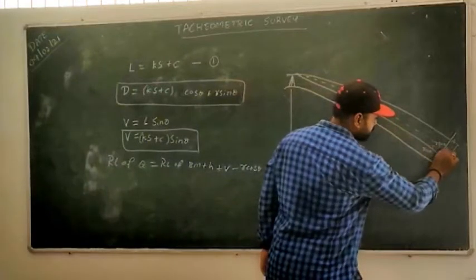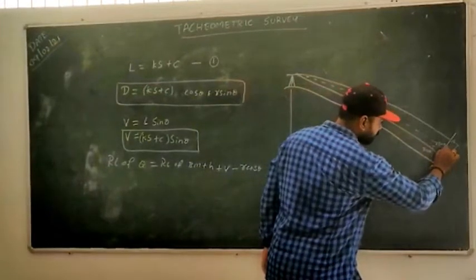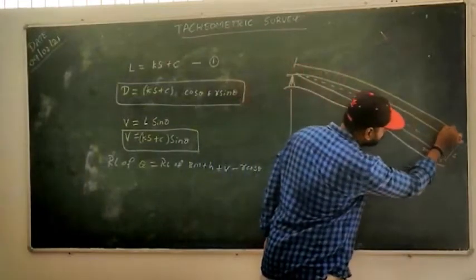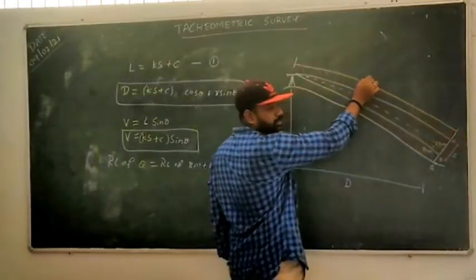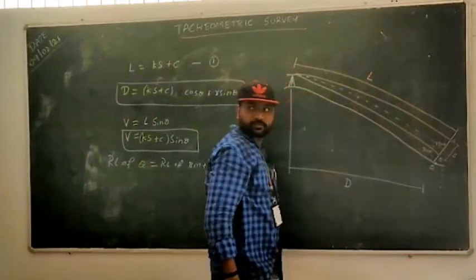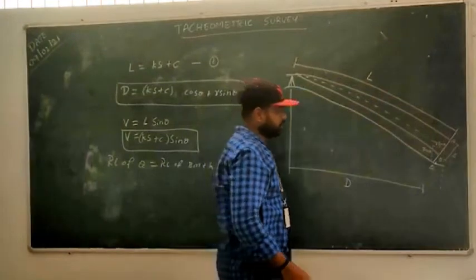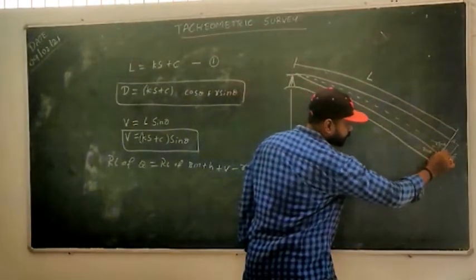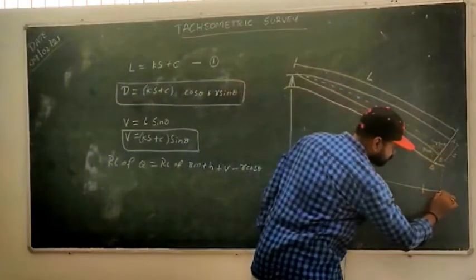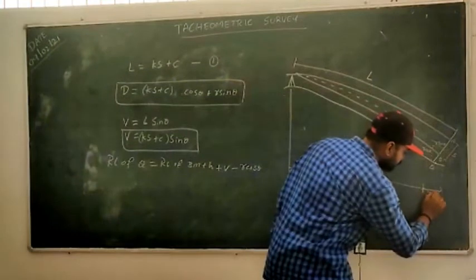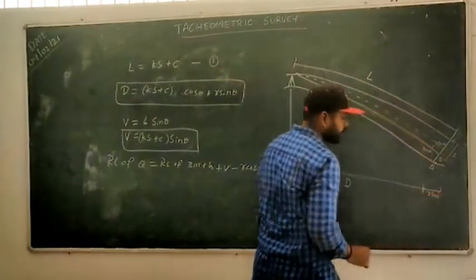From here to this point, the inclined length is L. This length is r sin theta.